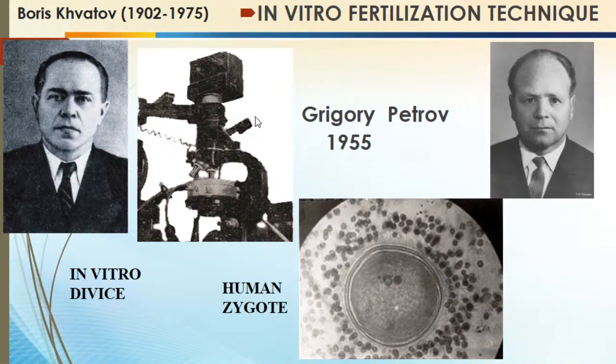As a result of this work, we have a unique photo of a human at an early stage of development. After injection of spermatozoa inside the oocyte, the spermatozoa nuclei transform into the male pronucleus, and the lighter one is the female pronucleus.